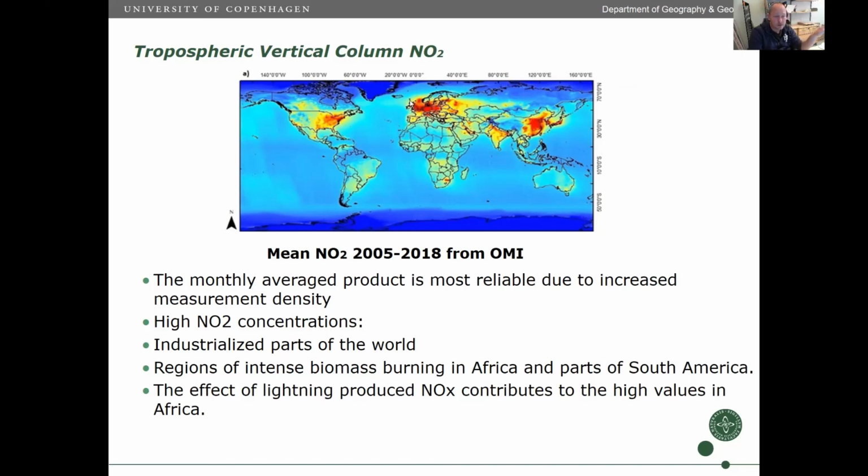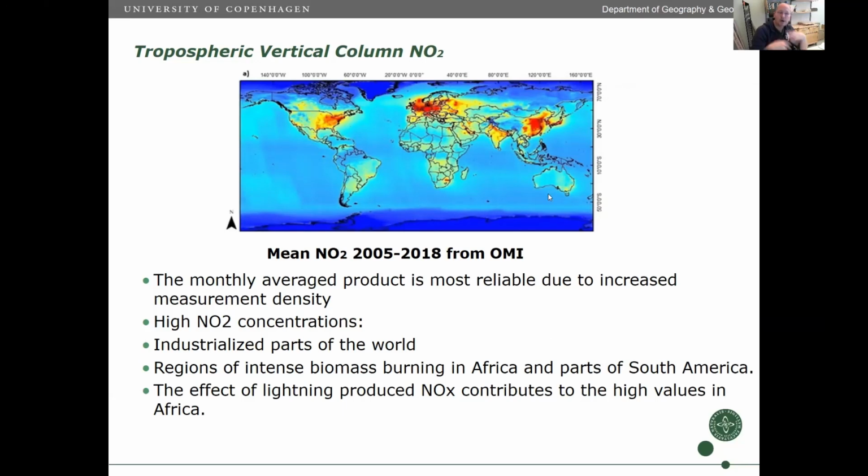But it's not only humans. You can also see some minor higher values in other parts of the world, here in Africa, for example, and South America. This is caused by lightning strikes, where some nitrogen dioxide can be produced in the high-energy process that occurs when lightning strikes.